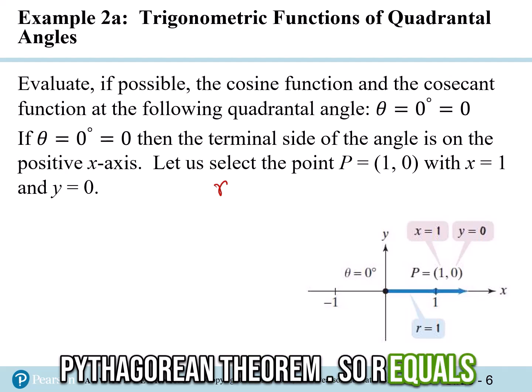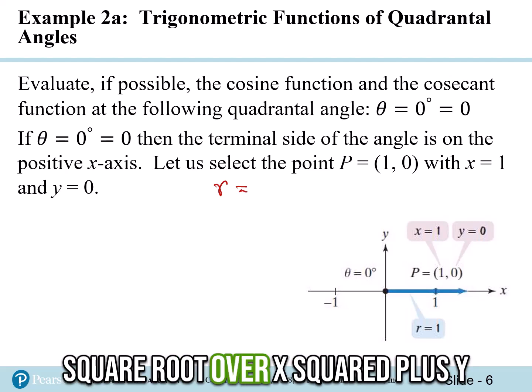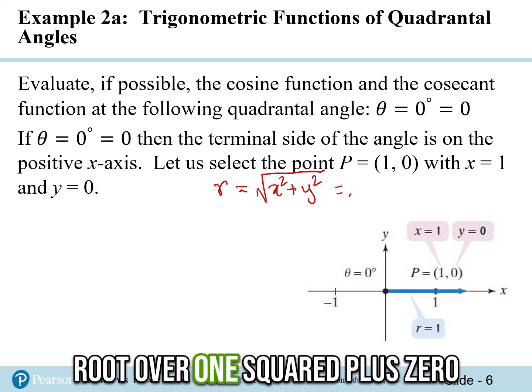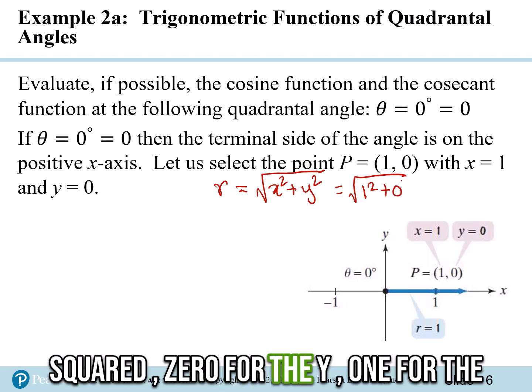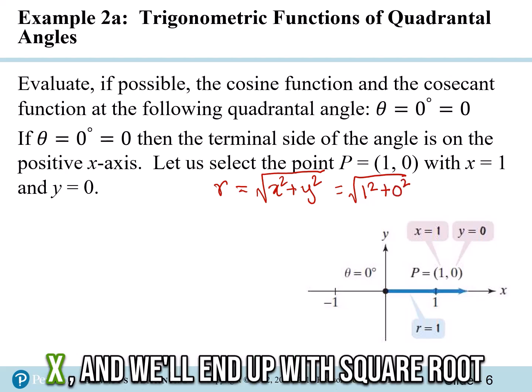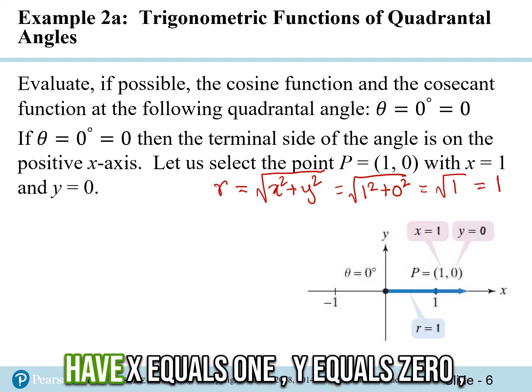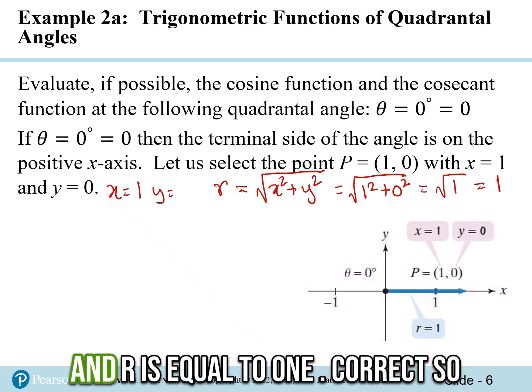So r equals the square root of x squared plus y squared. Therefore, r will be the square root of 1 squared plus 0 squared, 0 for the y, 1 for the x, and we'll end up with the square root of 1, which is 1. So here we have x equals 1, y equals 0, and r is equal to 1.